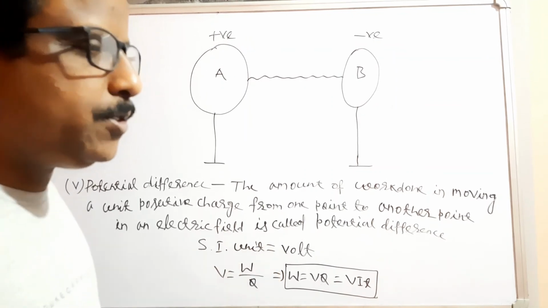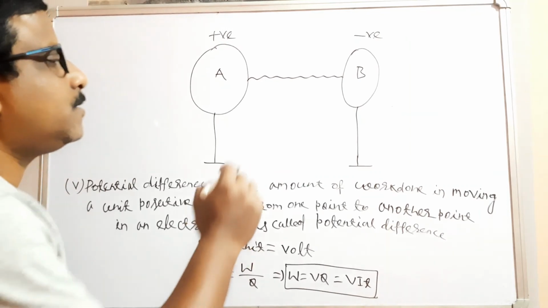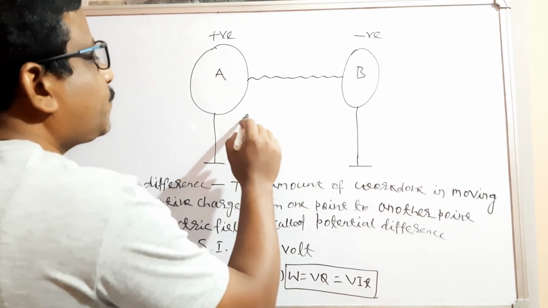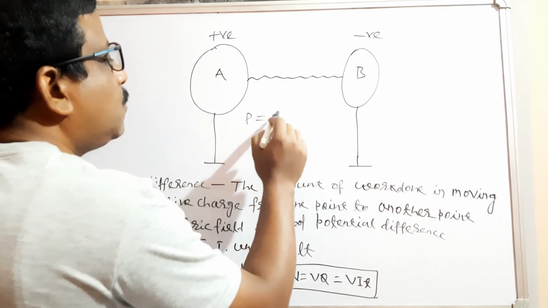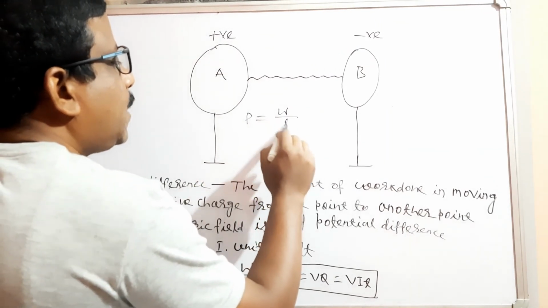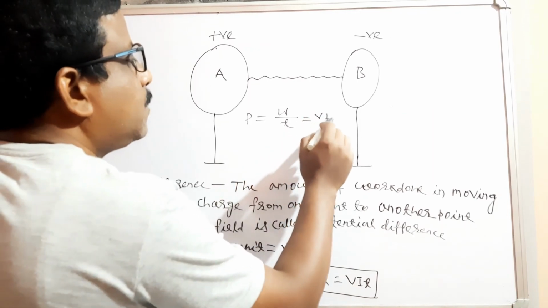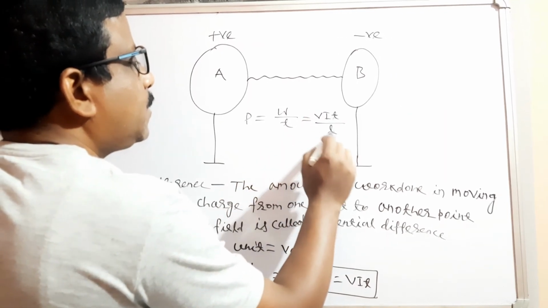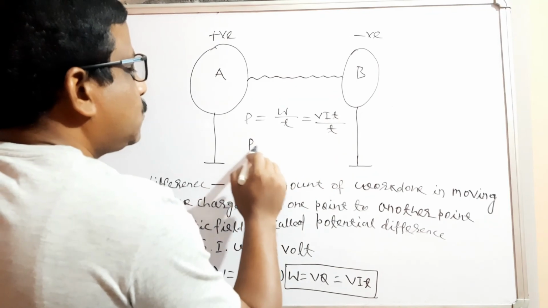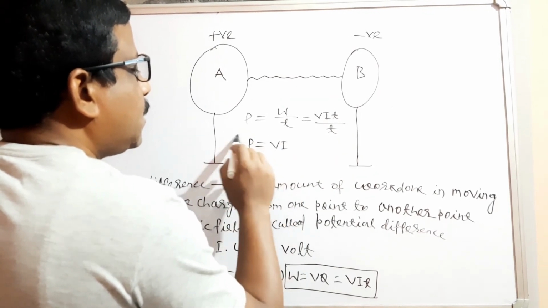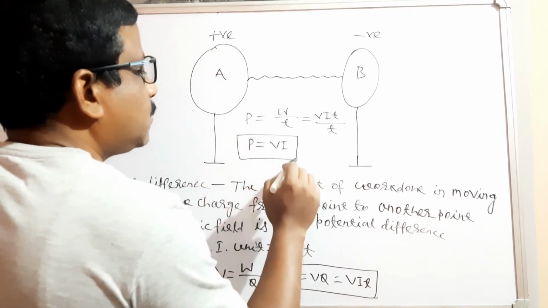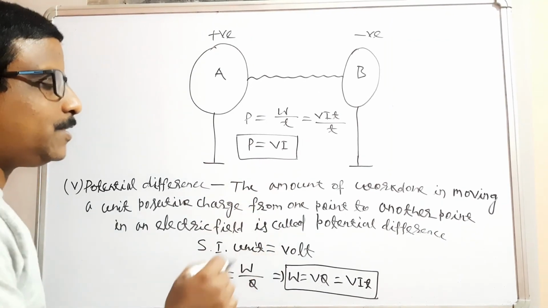So power consumed in an electric circuit we can get. Here I am writing P is equal to work by time. Work you already got, VIT by T. So T cancels. So P is equal to VI.